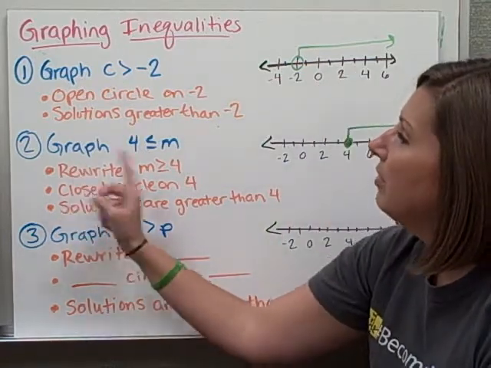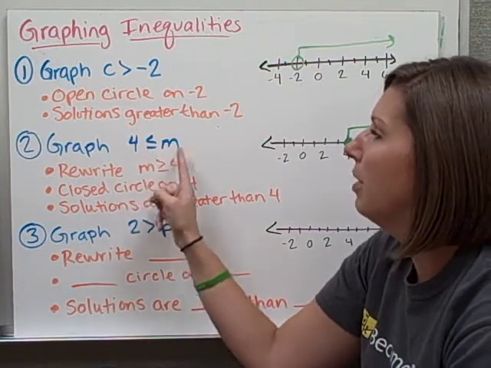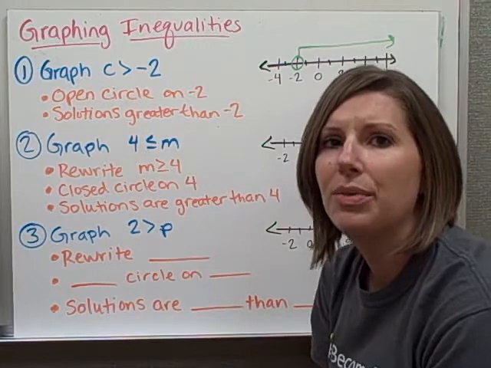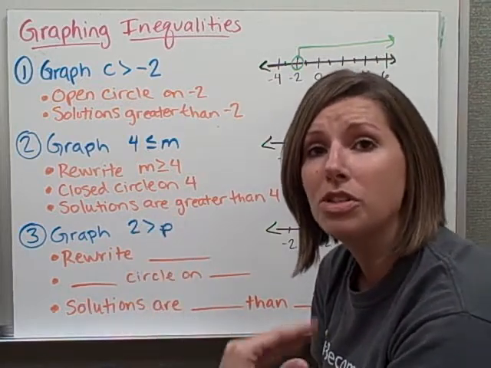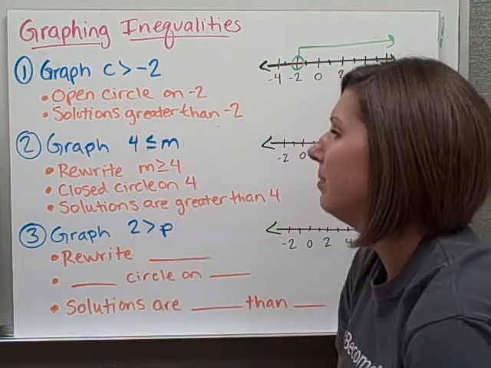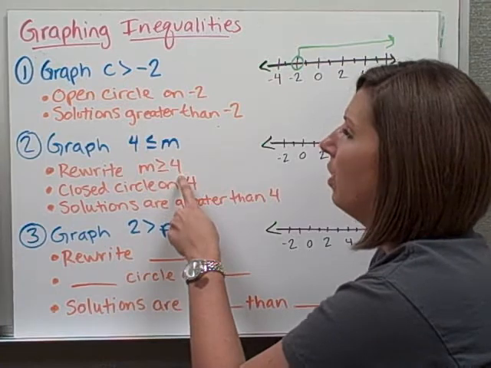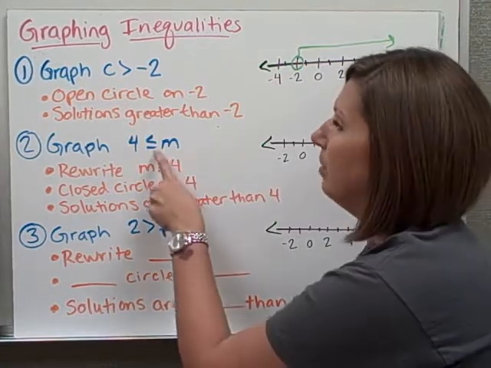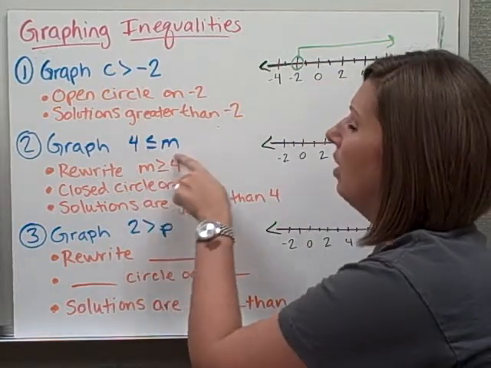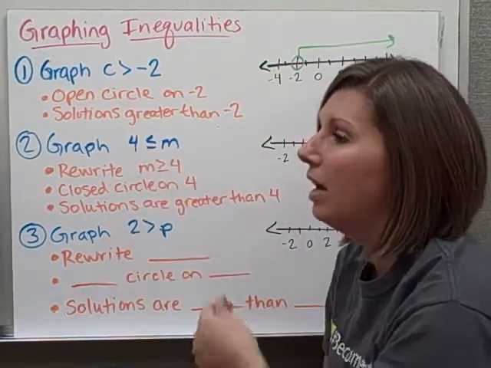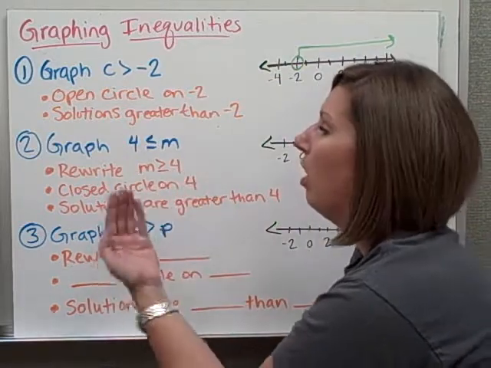So if I were to graph this inequality, 4 is less than or equal to m. That's actually written in reverse. I would like my variable to come first, so I'm going to rewrite this statement as m is greater than or equal to 4. The reason that I had to flip the sign is because I'm reading it from left to right, from right to left to give me my variable first.